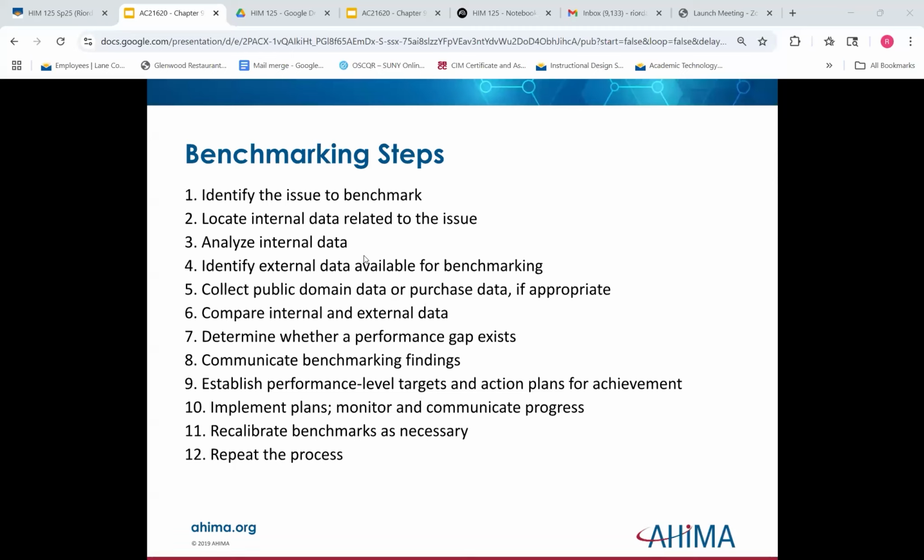And then we'll communicate that back. And then we'll break down things and look at action plans, performance level targets, monitor, and hopefully by doing this, we wind up with improvement and then the cycle starts over again.